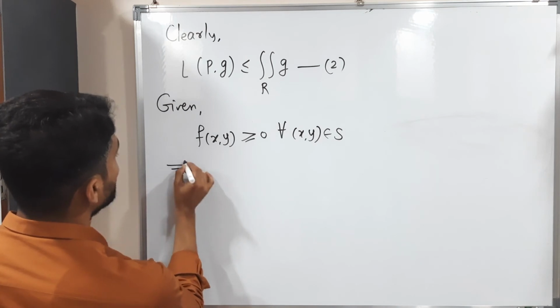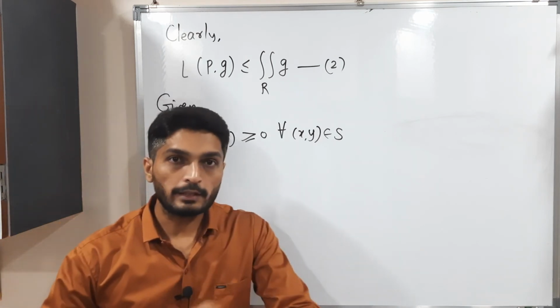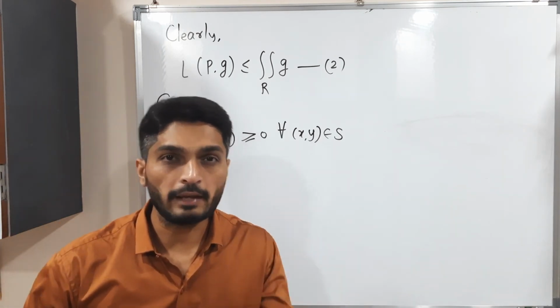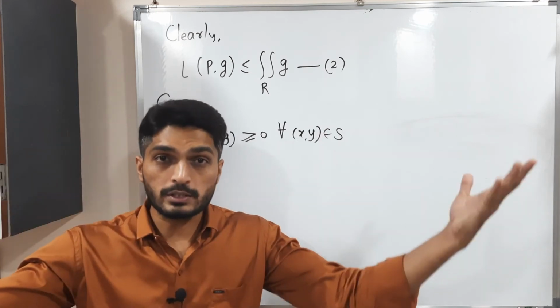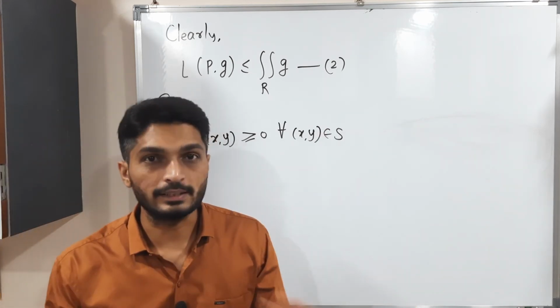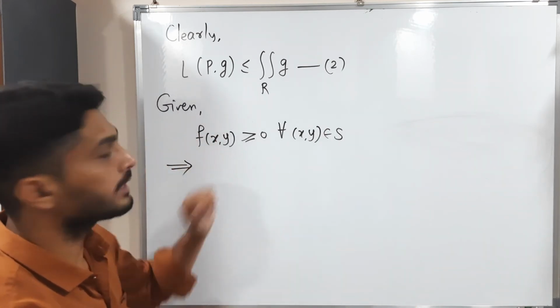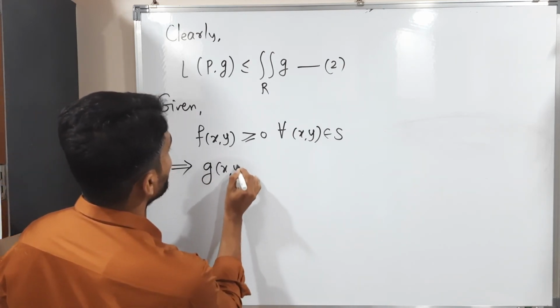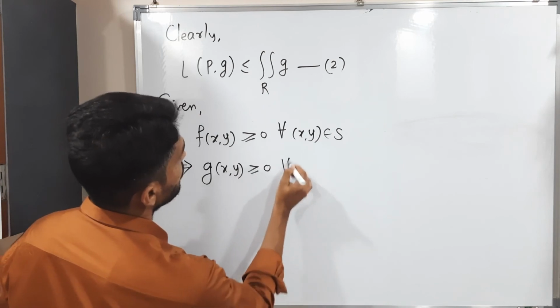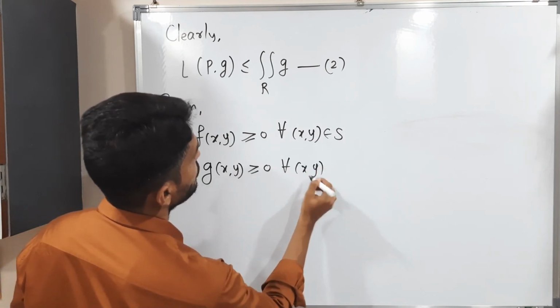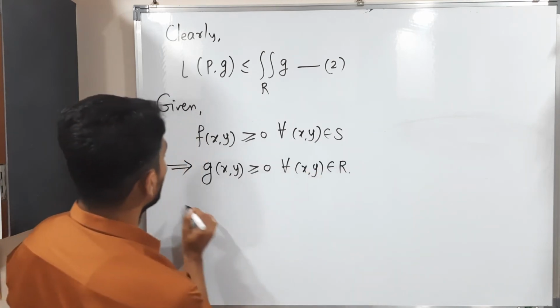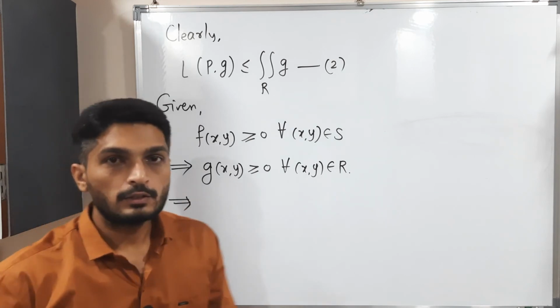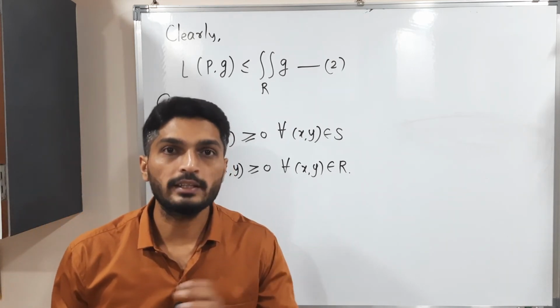So implies, you remember the definition of g. g is nothing but f on S, and if you go outside it is nothing but 0. Getting? So if f is greater than or equal to 0, I can write g of xy is also greater than or equal to 0 for all xy belongs to R. Okay, so implies the function g is non-negative.